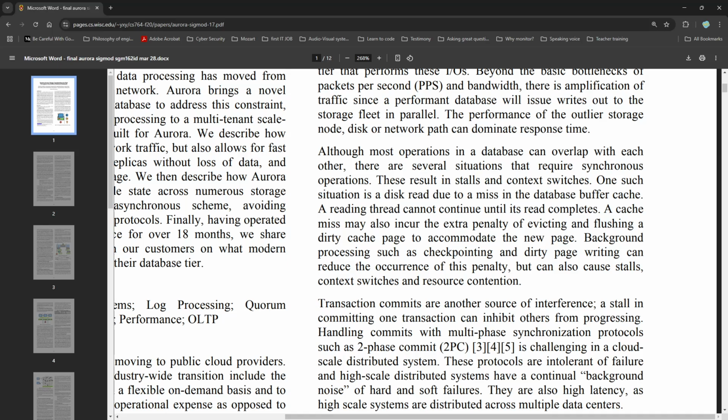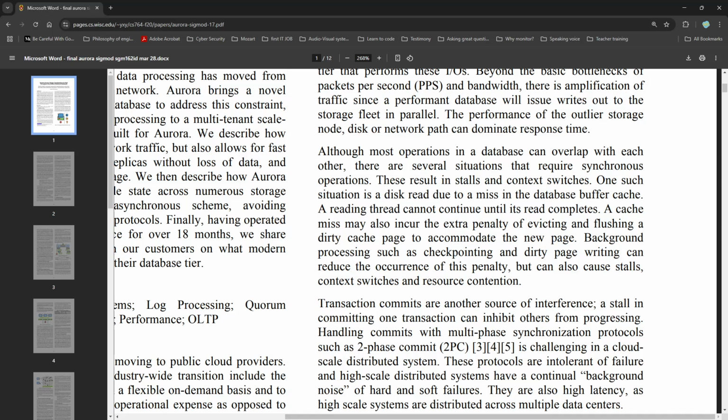Although most operations in a database can overlap with each other, there are several situations that require synchronous operations. These result in stalls and context switches. One such situation is a disk read due to a miss in the database buffer cache. A reading thread cannot continue until its read completes.